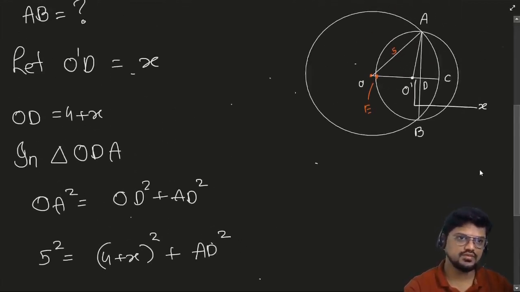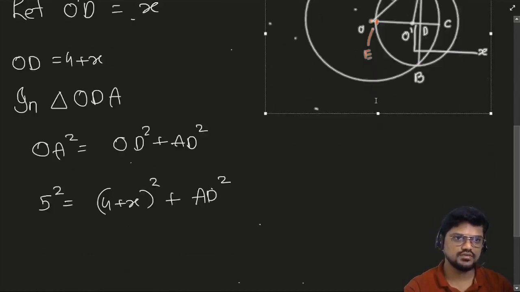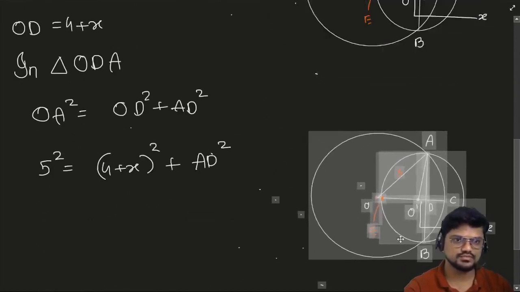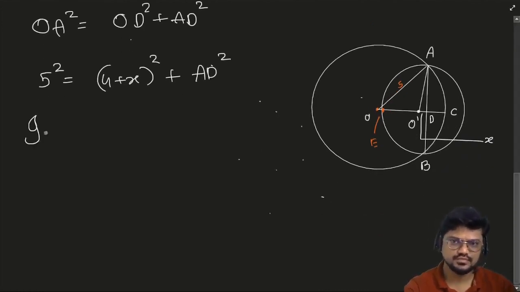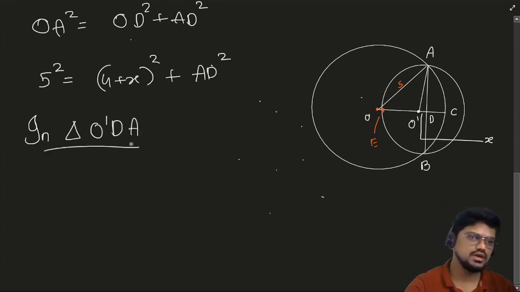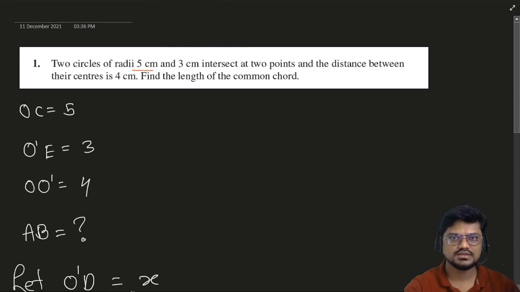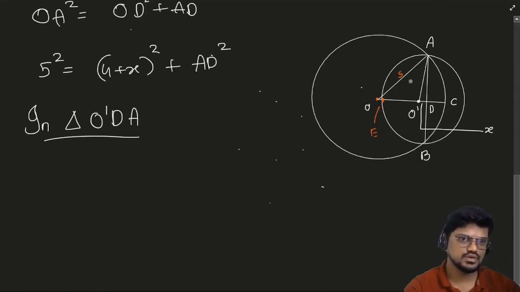Now again, if I take this figure and another triangle, in triangle O dash DA, I know that AO dash is how much? This is again the radius of the smaller circle. The radius of the smaller circle is how much? 3 centimeter. So I can say this distance as 3.